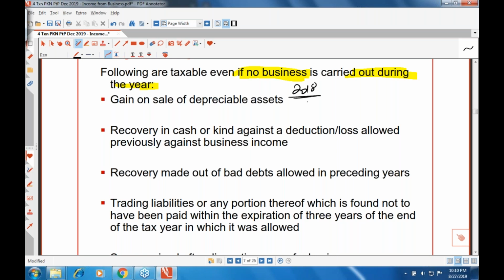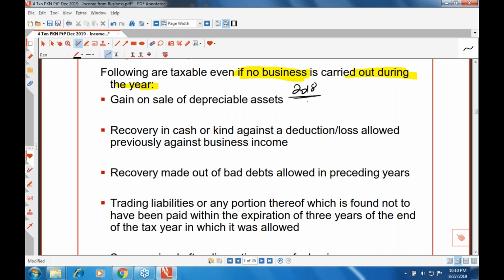I'm repeating it again. You were running a business, you discontinued your operation back in 2018, but the business assets or the business plant was not sold. The plant was actually sold in 2020.